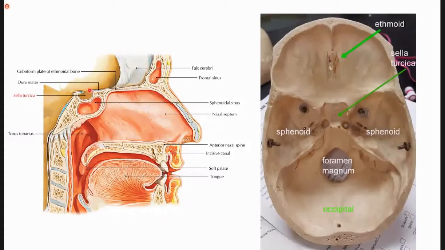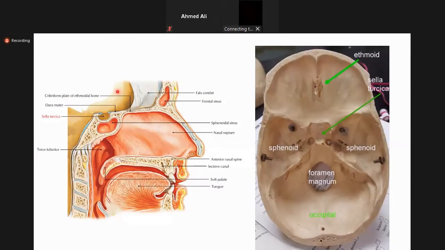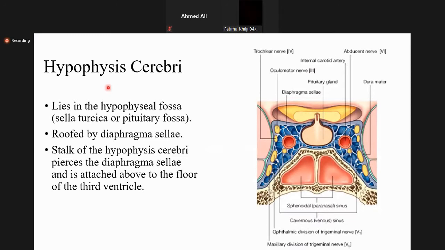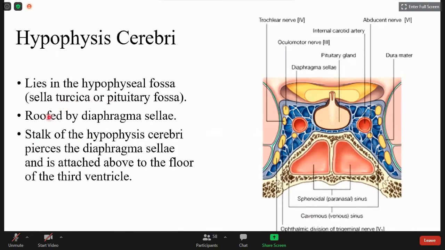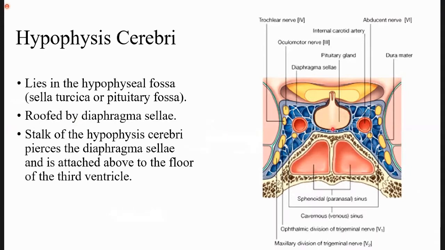So it is located in the middle cranial fossa, and that fossa is called the sella turcica. As you can see here, this is the coronal section. This is again the body of the sphenoid, and this is the septum which is separating the two sphenoidal paranasal sinuses.